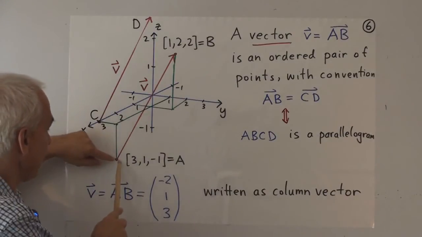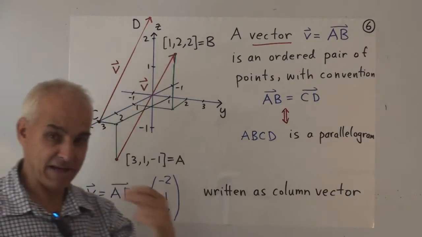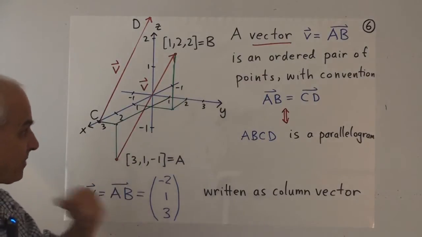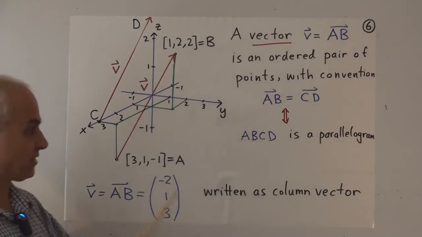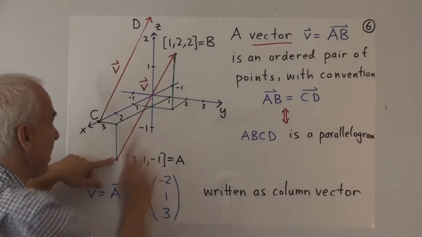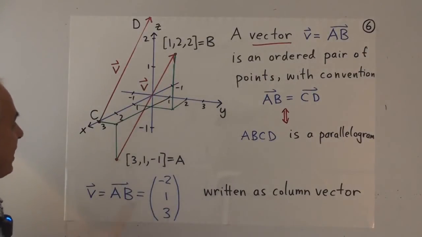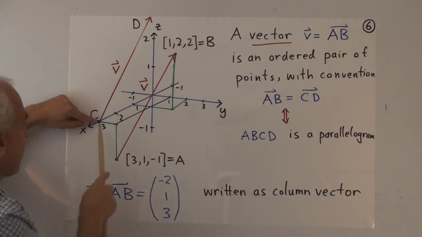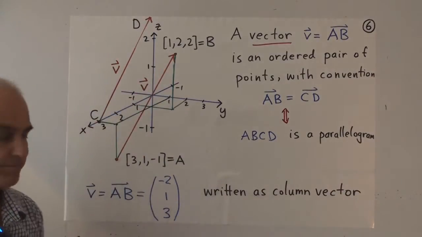So the vector from here to here, which we draw in this way, is mathematically just a pair of points, with the convention that one pair of points equals another pair of points when the 4 points form a parallelogram. So the vector AB, which we draw with this directed line segment, is the same as the vector CD because the points A, B, D, C form a parallelogram.